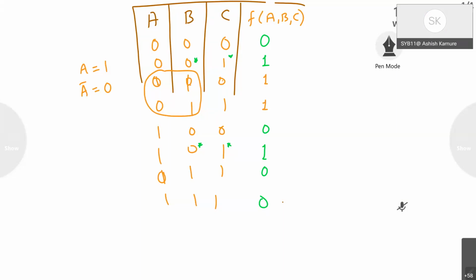ओके, एक्सप्रेशन काय आहे की A complement B plus B complement C, right? So this expression A, B, C is true for this. True म्हणजे त्याची व्हॅल्यू 1 असणार आहे, right?